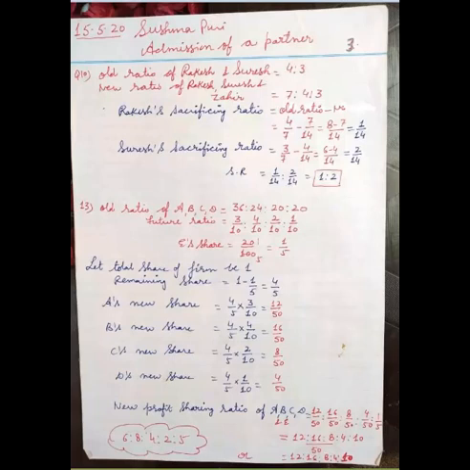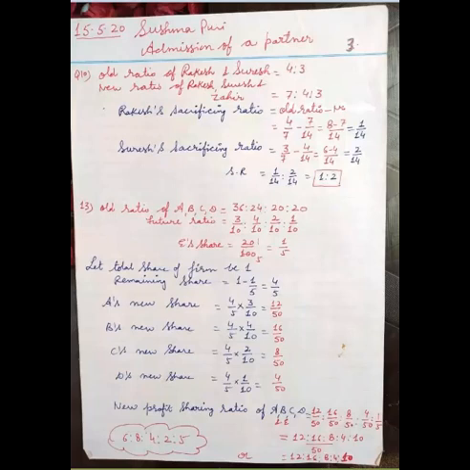I'm repeating, beta. The old ratio of Rakesh and Suresh is 4:3. The new ratio of Rakesh, Suresh and Zahir is 7:4:3. Rakesh's sacrificing ratio is old minus new: 4/7 minus 7/14. If you solve it, you will get 1/14.